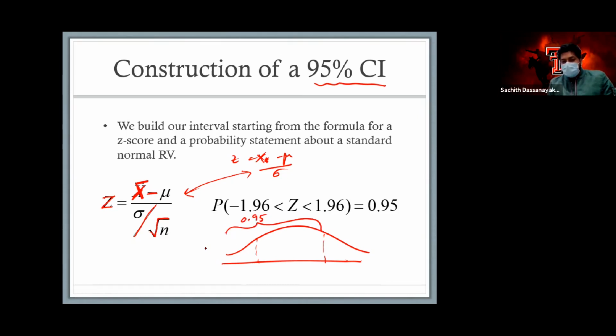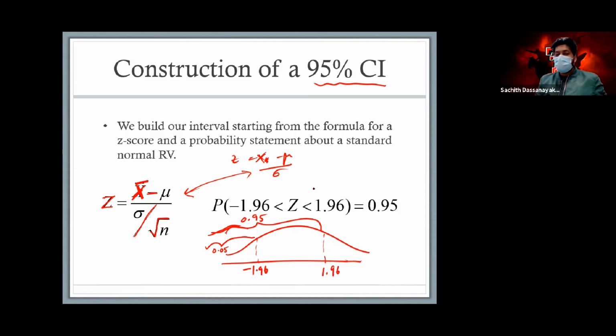From here to here, it is 0.05. Once you check these probability values from the standard normal Z-score table, you will see that those Z-score values are negative 1.96 and 1.96.